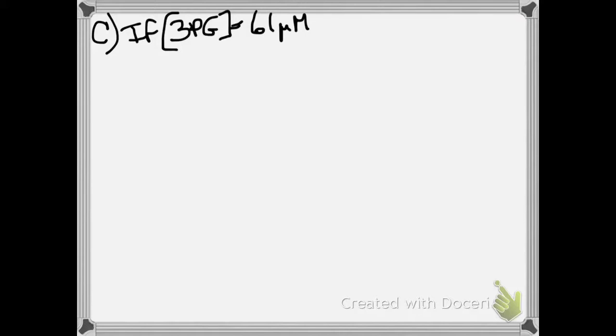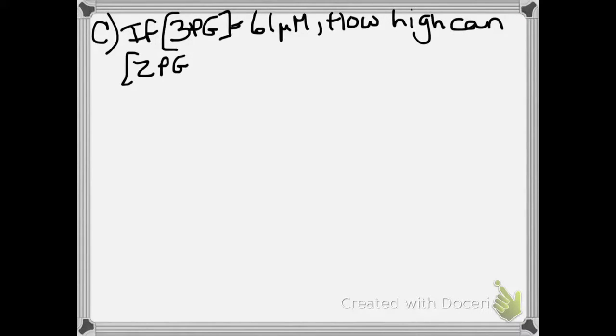The final part of this question, part C, asks if the concentration of 3-PG is held at 61 micromolar, how high can the concentration of 2-PG get before the reaction ceases?